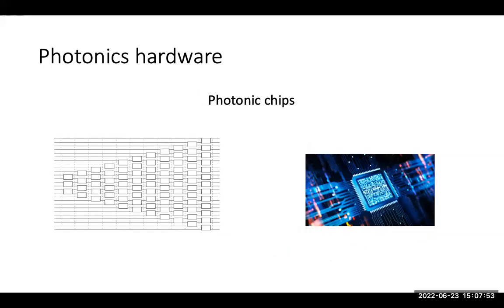Once you've generated these photons, you can put them inside a photonic chip, or it could also be a bulk optics setup, on an optical table in a physics lab. They go through these interferometers, they enter from some positions, and they come out from some other positions.